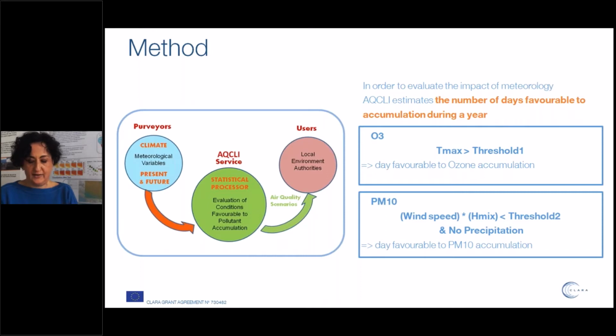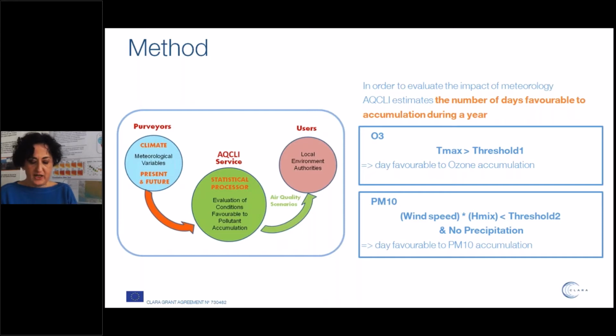In fact, there is a strict correlation between temperature and ozone concentration. For the area around Bologna, a threshold has been found to fit this relation. So when the daily maximum temperature is higher than that threshold, we can say that that day is favorable to ozone production and accumulation.